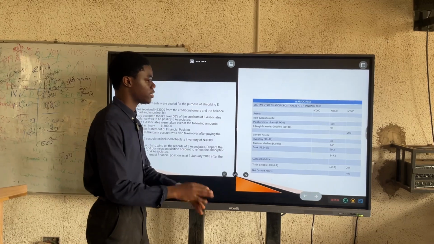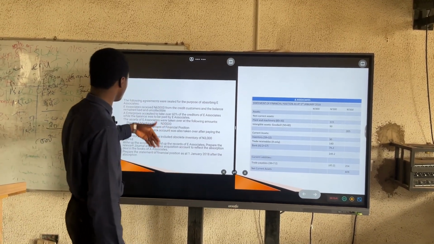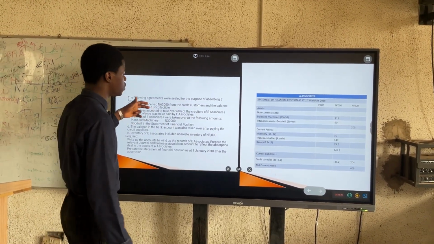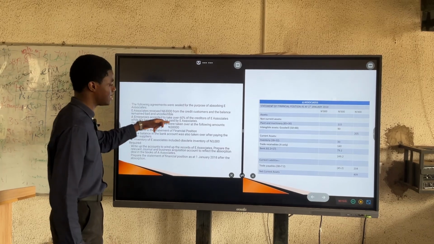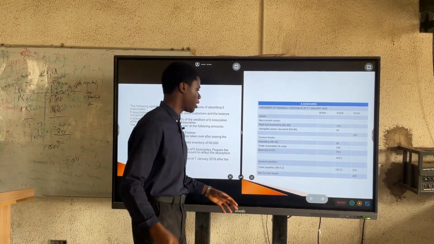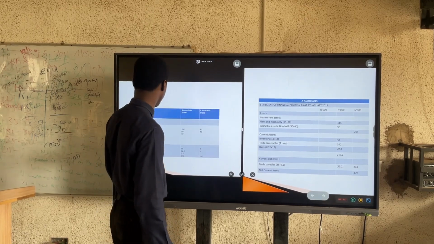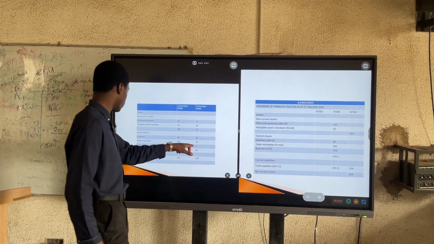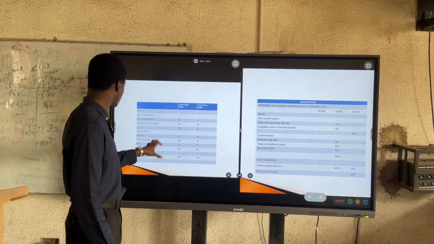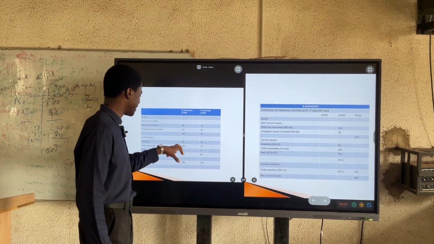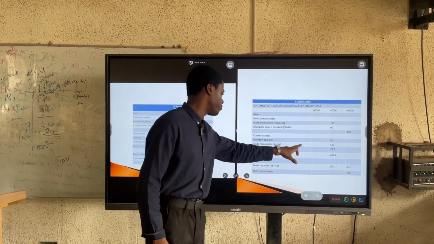So there's no more debt. They don't have any debtor again. And then the remaining 7,000, which was considered as a bad debt, it's totally gone, and so we don't need to record it. So the 63,000 and the 7,000, which makes up the 70,000 that was there before, is totally gone. So the only trade receivables now is that of A associates, and that's why we have 140,000.